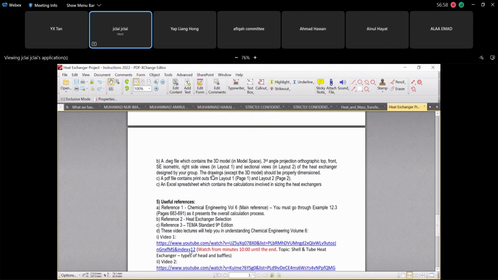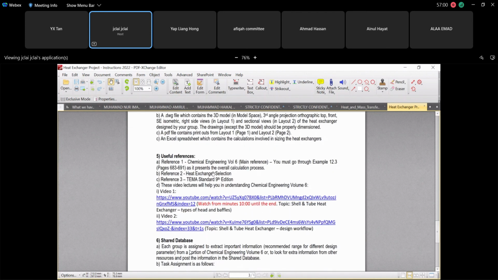In order to know how to go through the whole process, you must go through this Chemical Engineering Volume 6, because it explains from step 1 until the last step how to do the calculation, and all the graphs are inside.